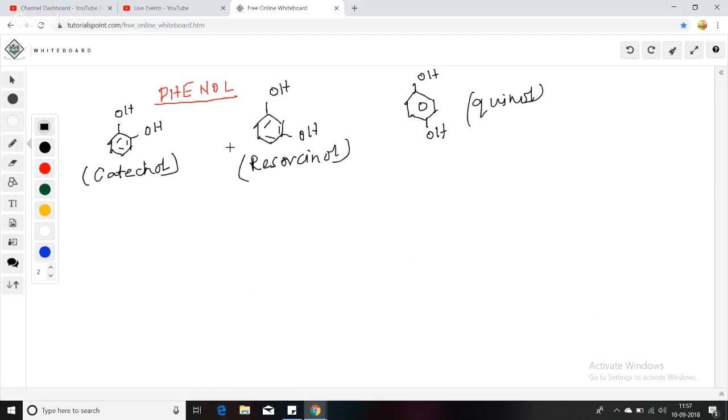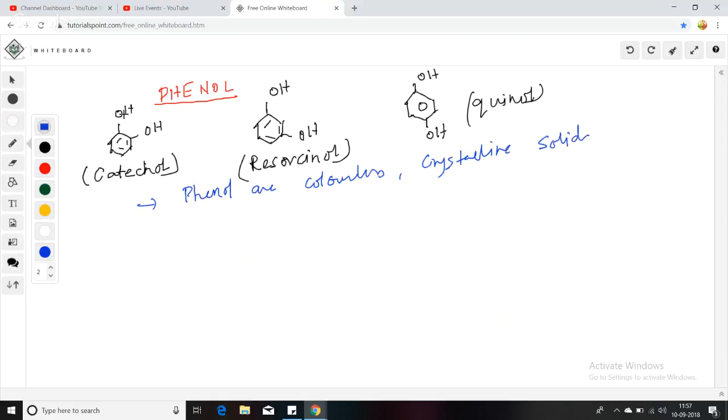All these phenols are colorless crystalline compounds. A little bit of property we'll discuss. Phenols are colorless crystalline solids.